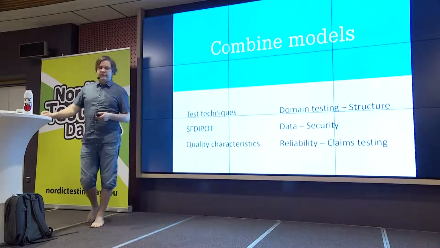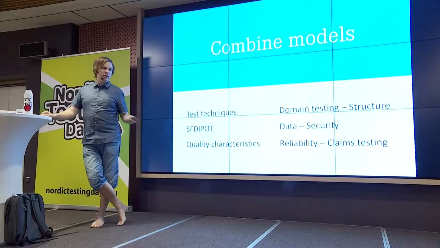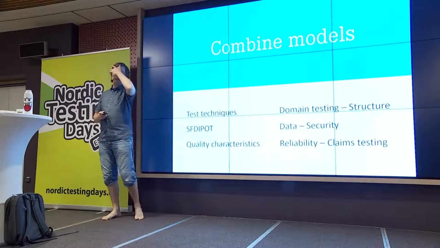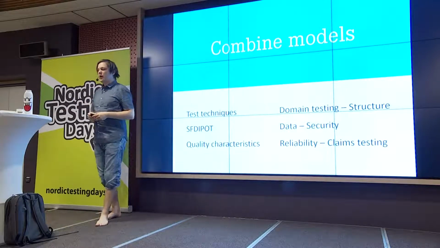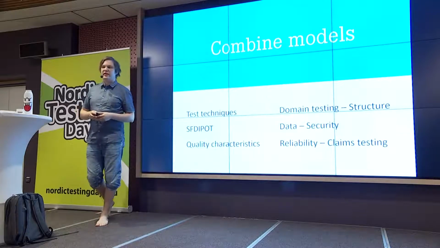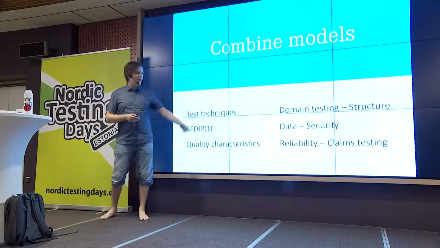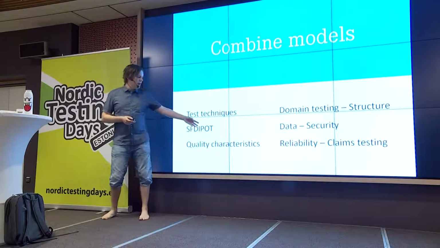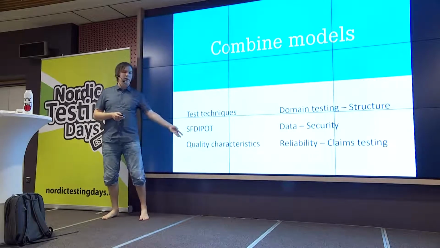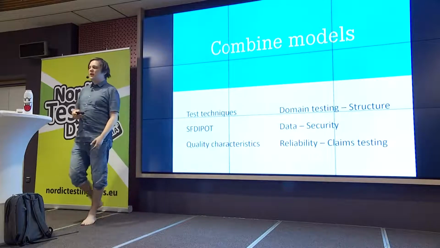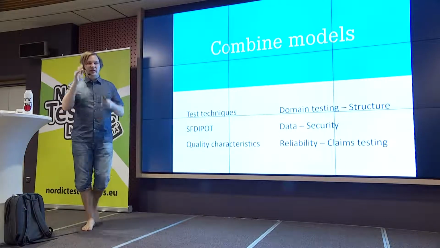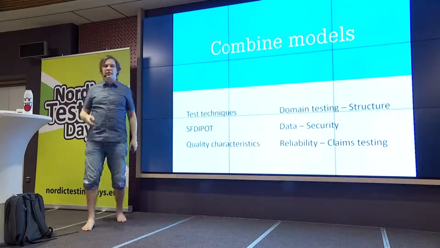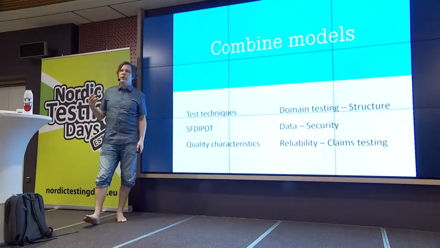A student, not my student, called David Jonasson, who was a student for a couple of other teachers in Sweden. One of his teachers, Erik, shared this tip with me that you could combine these models. You could, for instance, combine operations in SFDPO and performance in quality characteristics, and suddenly you went from having a focused mind to a super narrow focused mind, and that helped you figure out even more smart things.